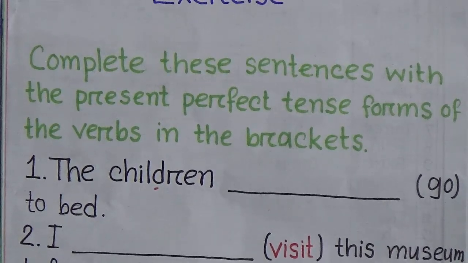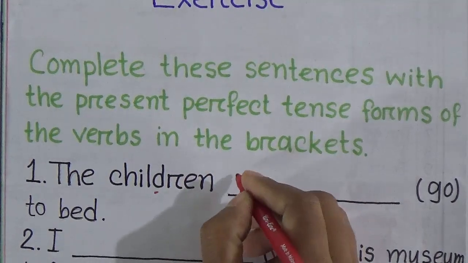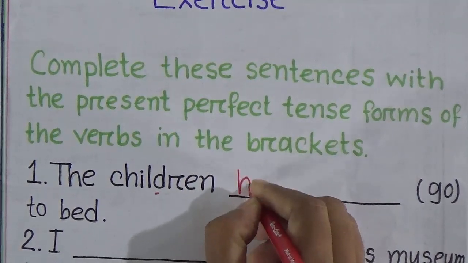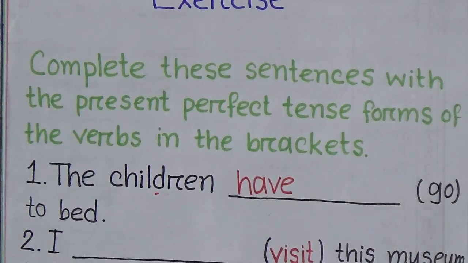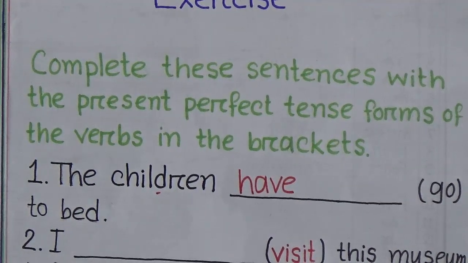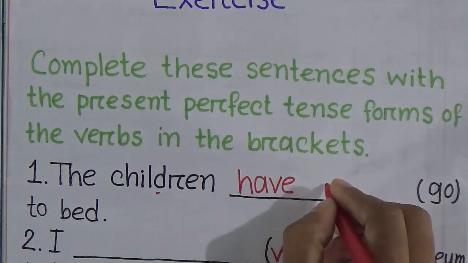Yes, the subject is plural. So, with a plural subject, we have to use a plural verb. So, we have to write have. The children have, then the verb go. We have to use the past participle form of the given word. So, go will be gone.